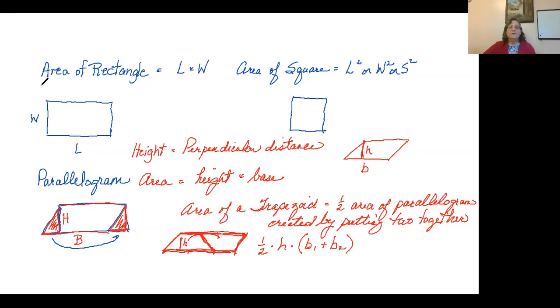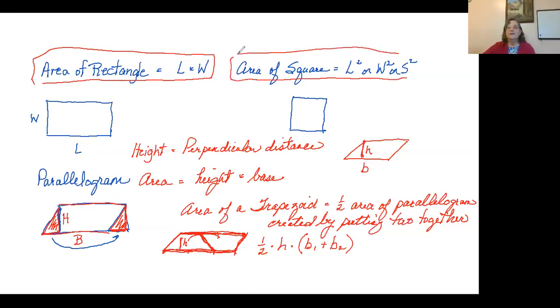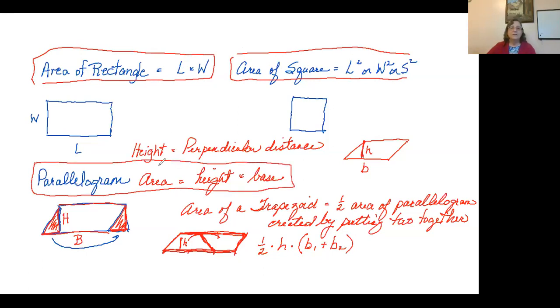So we've got the area of a rectangle, area of a square, area of a parallelogram, is the height times the base, in which the height is not any of the sides. And then the area of a trapezoid is 1/2 times the height times the sum of the bases.